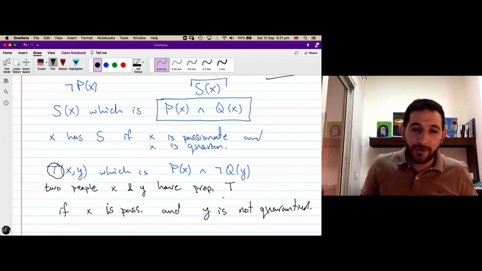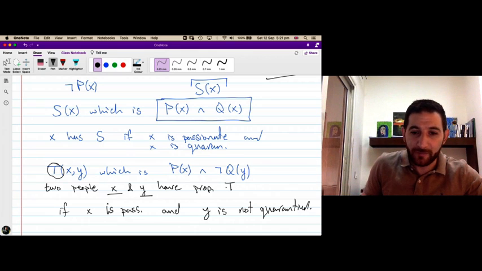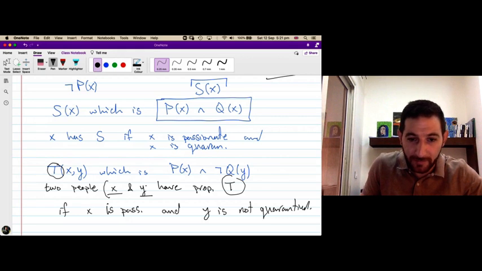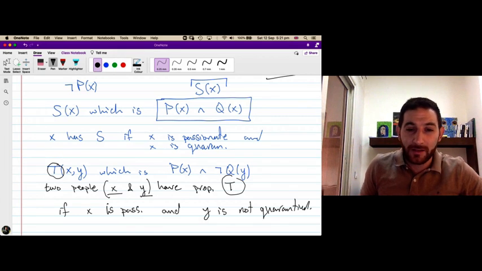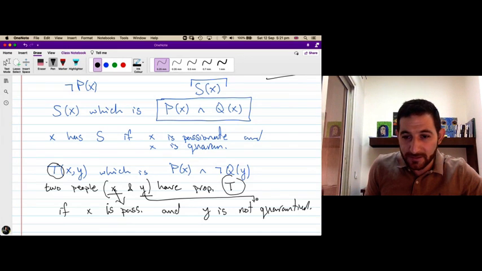So you take two people and you ask yourself, do these two people have property T? You look at them as a pair. They have the property T if x is passionate and y is not quarantined.